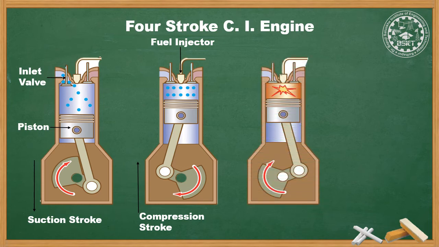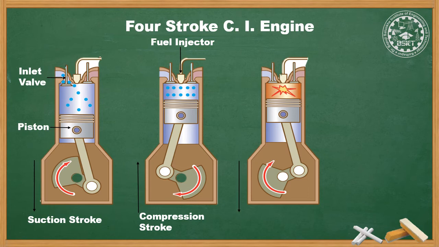The fuel does not ignite immediately upon injection. There is a definite period of apparent inactivity, known as ignition lag. During this period, there is no rise in pressure in the combustion chamber, and combustion takes place when the piston is at TDC.